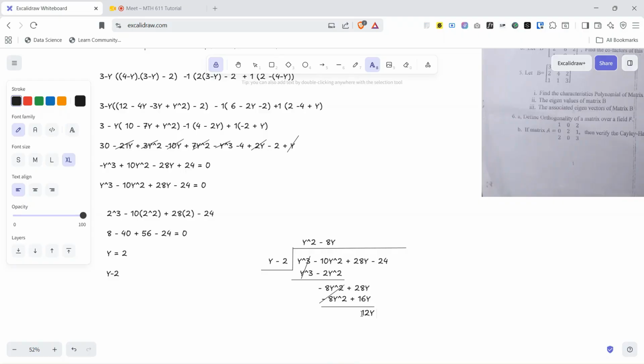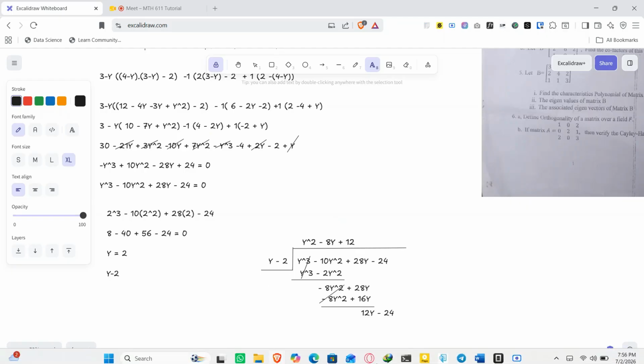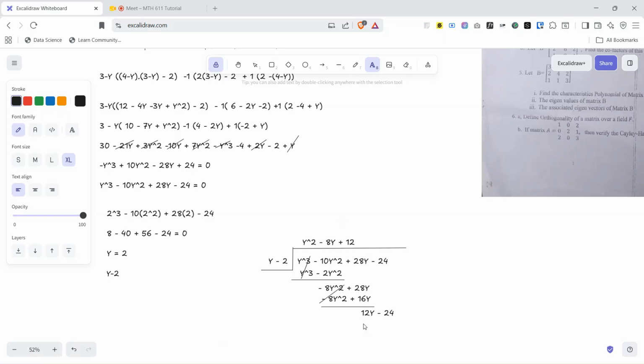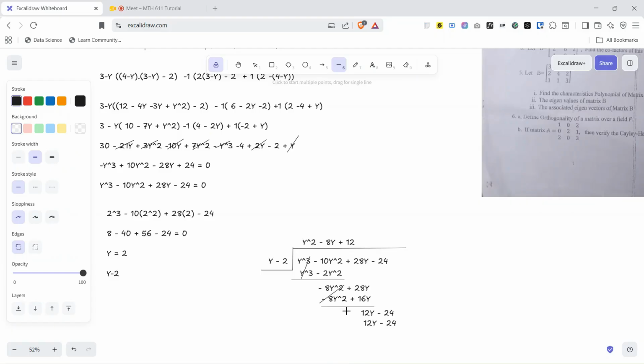We bring minus 24 down. Lambda divided into 12 lambda gives plus 12. Multiplying gives 12 lambda minus 24. If we subtract this, it cancels out the whole thing.